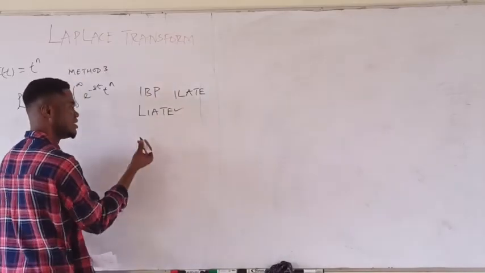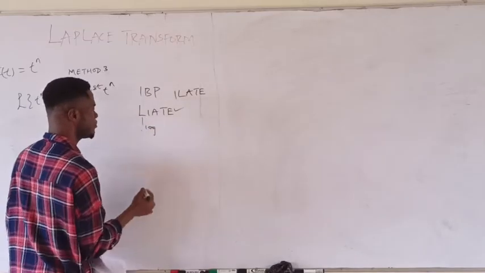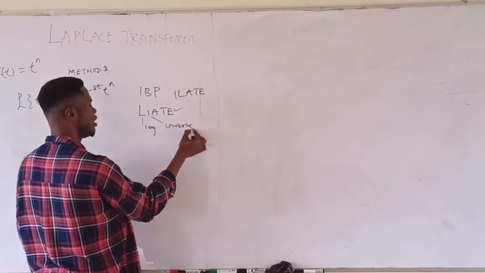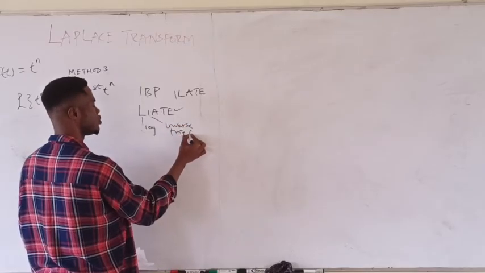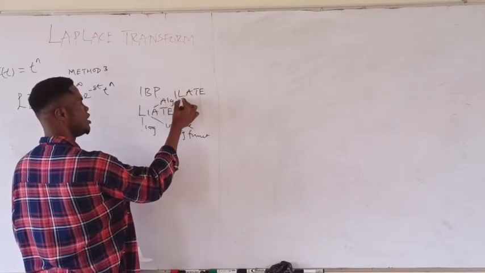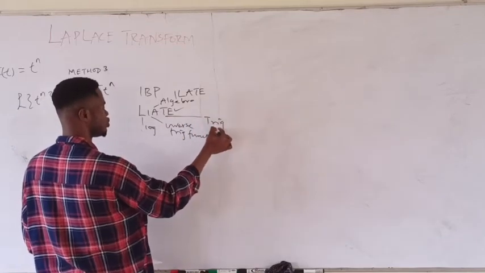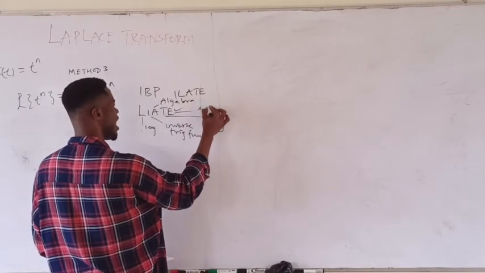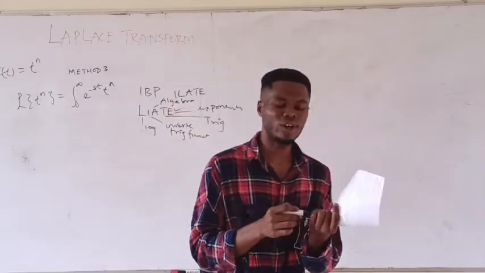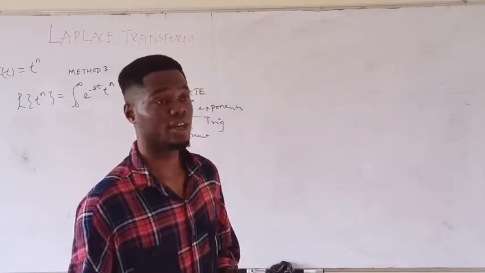Alright, so in LIATE, L means logarithm, I means inverse trig functions, A means algebra, T means trigonometric functions, and of course E means exponents, exponentials.